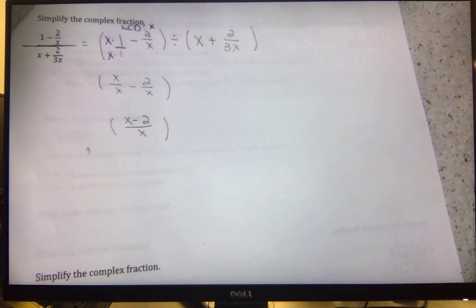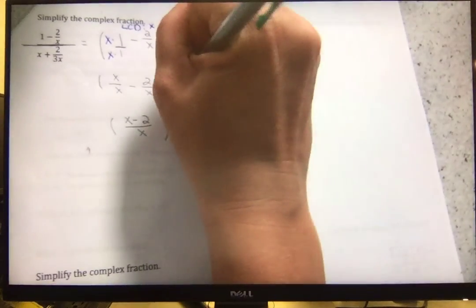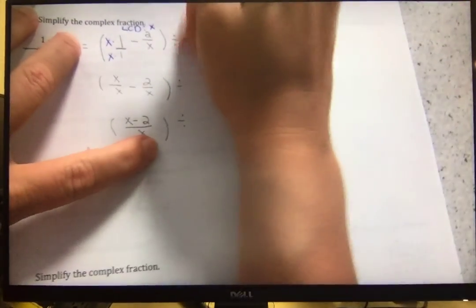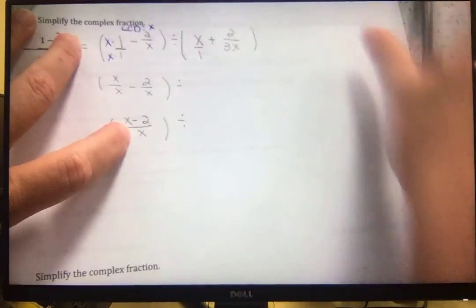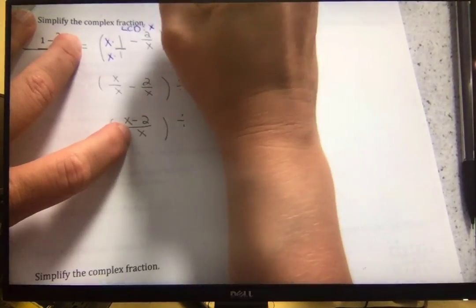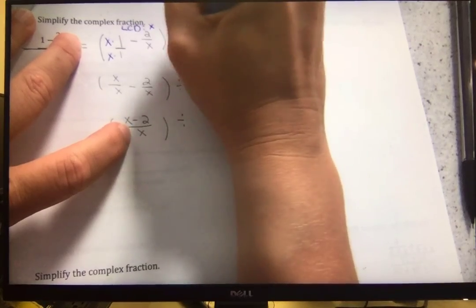So if you can do these problems, you can do all of Module 7 because it incorporates simplifying, multiplying, dividing, adding, and subtracting in one big problem. So I subtracted the first two. Now doing the second two. If we have x plus 2 over 3x, are these like terms? No, we need to make them like terms. What's our LCD? 3x. That means we're going to multiply the first fraction, top and bottom, by 3x.